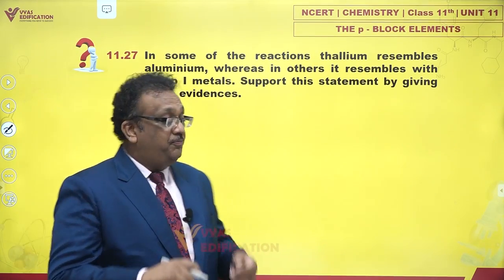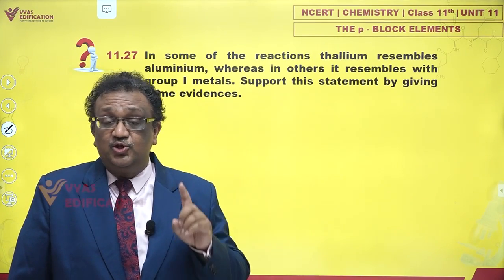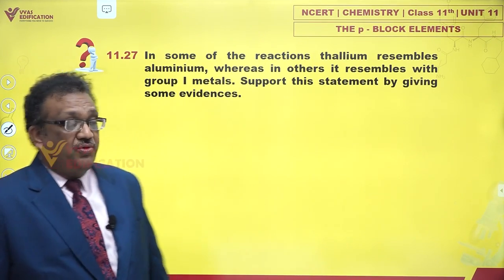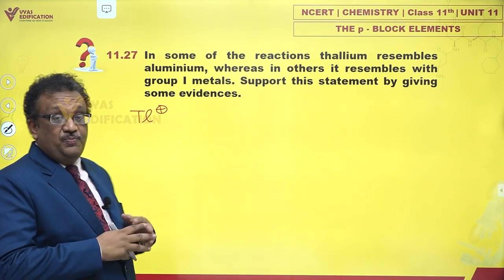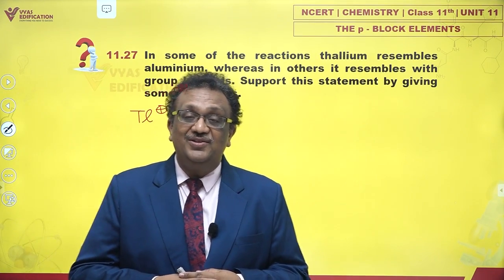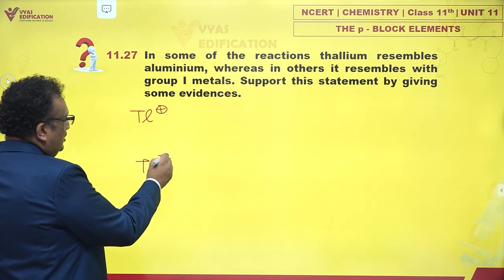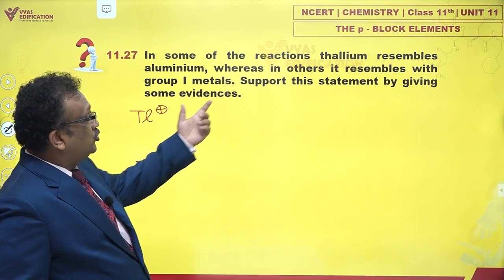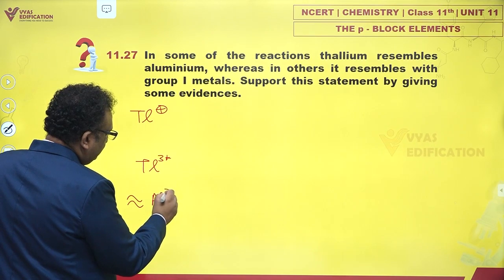Let's try. You have to appreciate that thallium can show two different oxidation states. It can show +1 as well as +3. You have Tl+ and Tl3+. So wherever thallium tends to show +3, it would resemble something like aluminium.